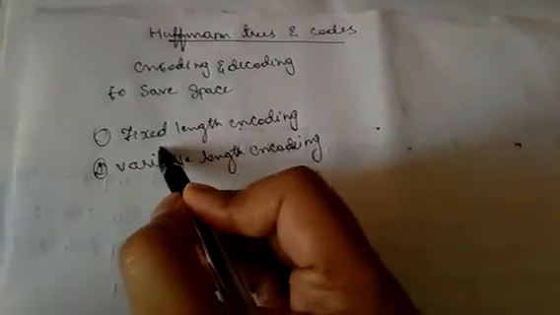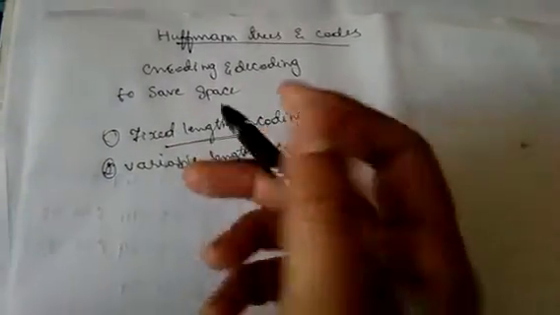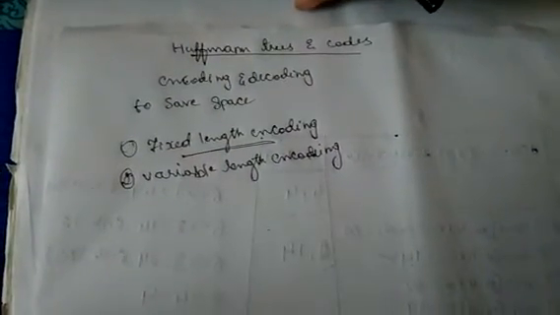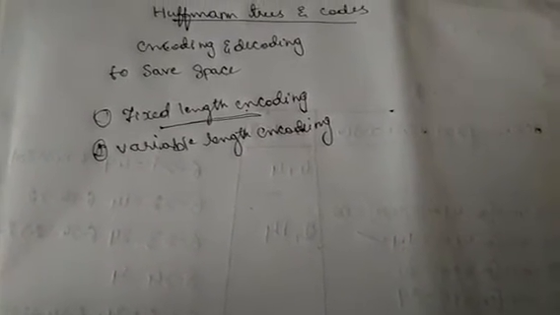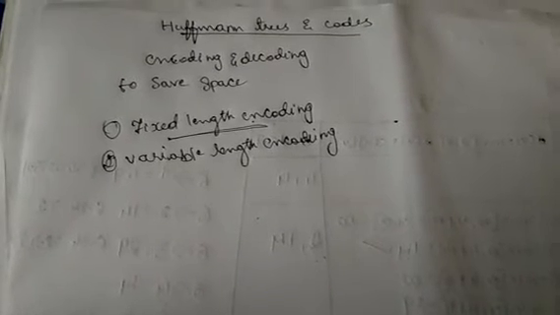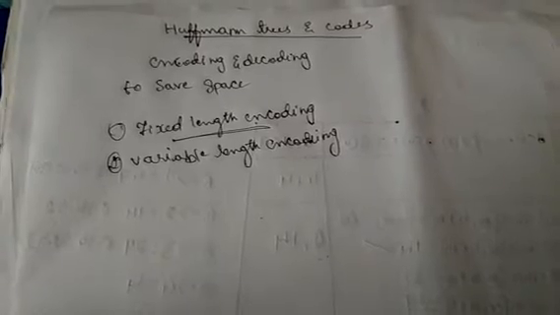First we'll see what fixed length encoding is. What do you mean by fixed length encoding? It is in the name itself. In this technique, each character in the text is assigned a bit string of the same length, and we'll consider n as the number of alphabets in the text.